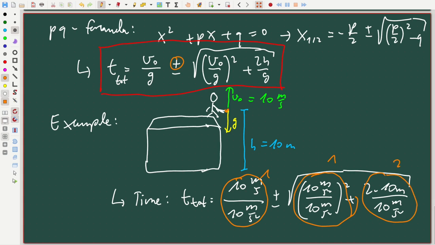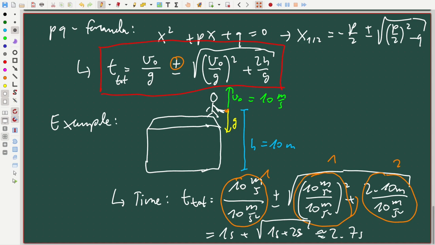So what we have now for the total time is 1 second plus square root of 1 second plus 2 seconds, and this is a square root of 3, which is approximately 1.7, plus this 1 second, and as a result this will be approximately 2.7 seconds.